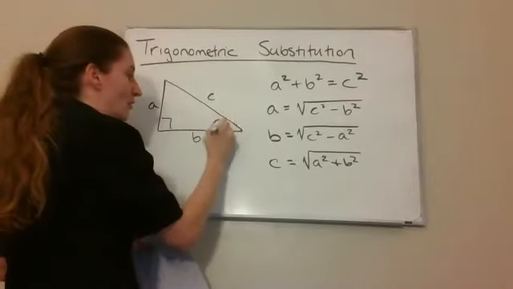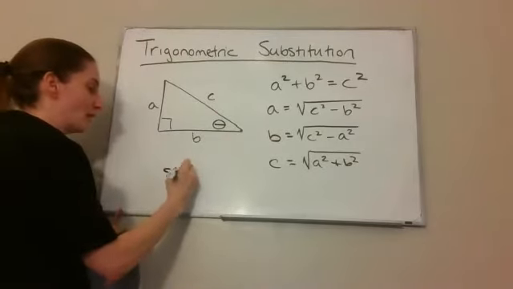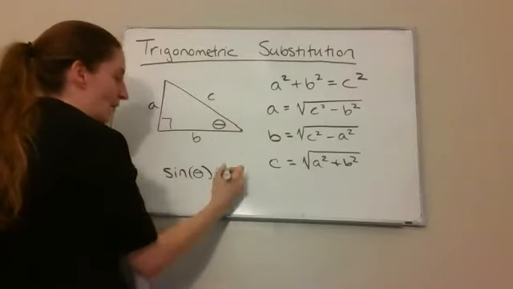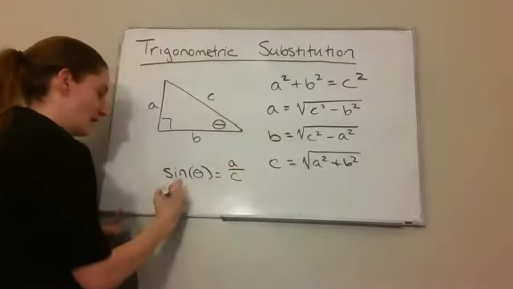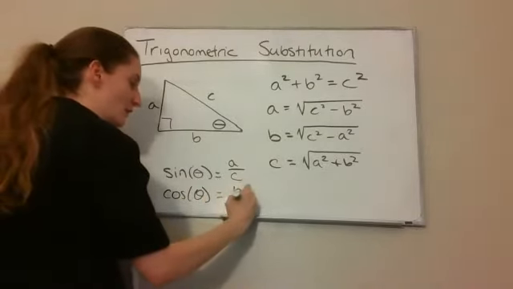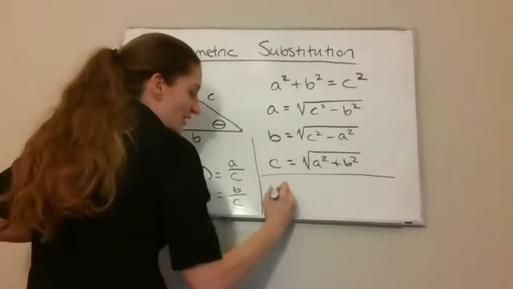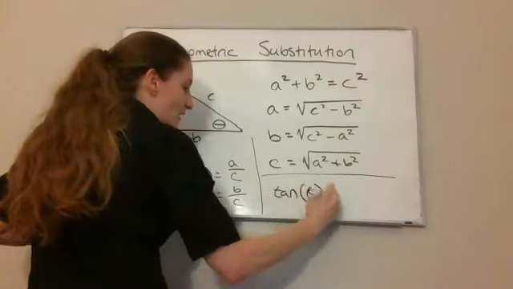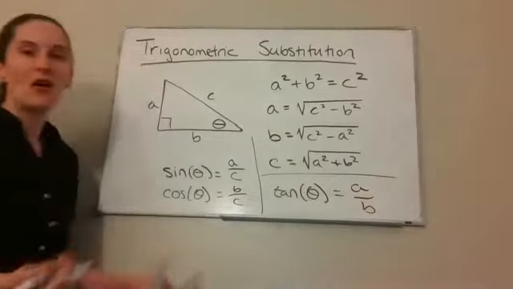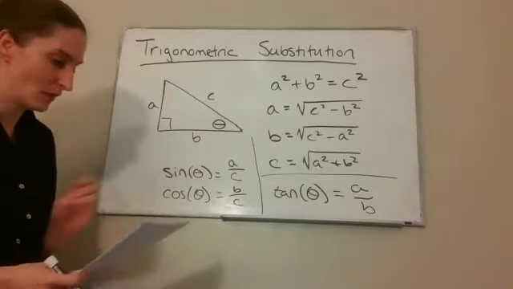Remember, for example, if I put an angle theta over here, then from trigonometry, we know that sine of theta is my opposite over the hypotenuse, so a over c. Cosine of theta would be adjacent over hypotenuse, b over c. And just squeezing it in over here, my tangent of theta would be my opposite over adjacent, a over b. So we're going to need all of that sort of information when we're going to be doing these new types of problems.